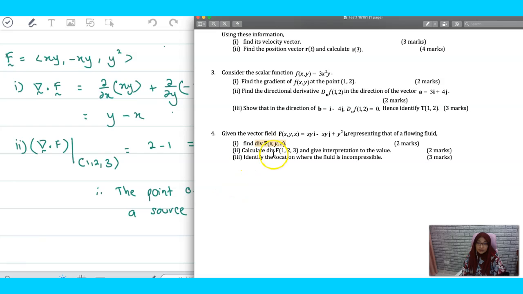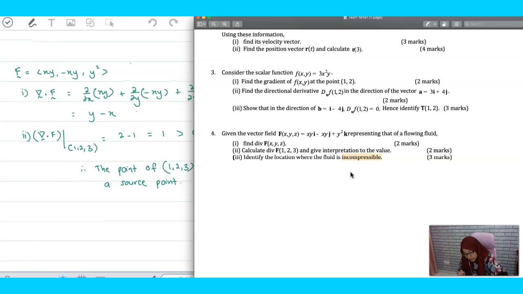So if we look at the third question, identify the location where the fluid is incompressible. The hint here is the word incompressible, and we want to relate this with the divergence. So what is the property when we say that the fluid is incompressible? Our divergence is equal to 0.